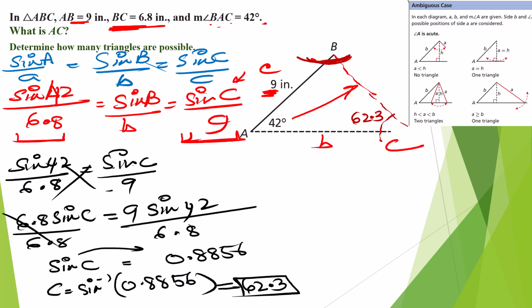We subtract the 42 and 62.3 from 180. So we will get capital B. Write in the calculator 180 minus 42 minus 62.3. So we will get 75.7.